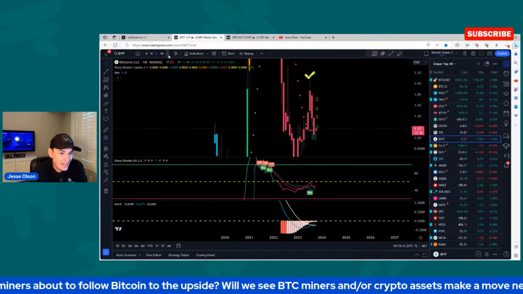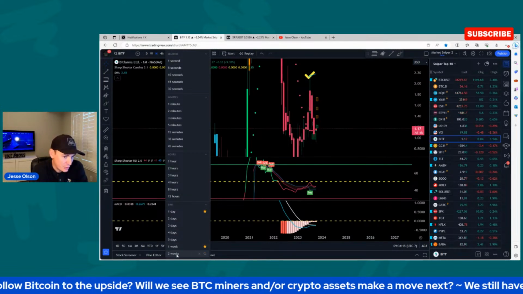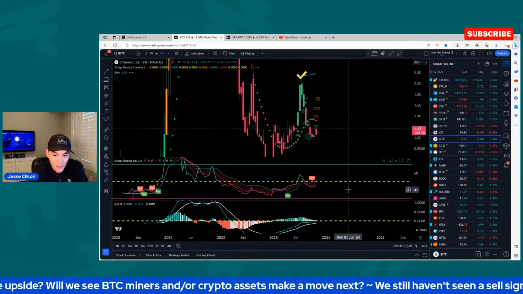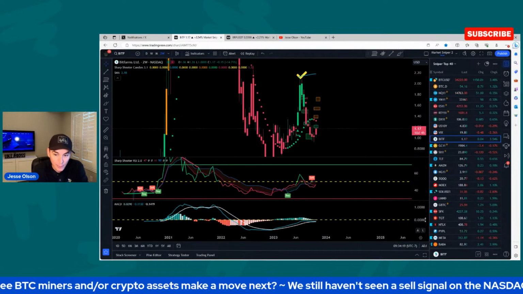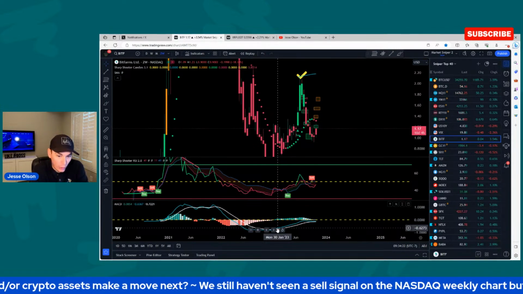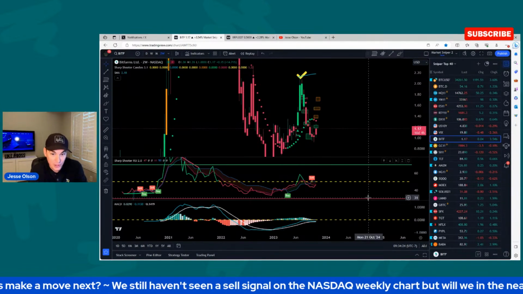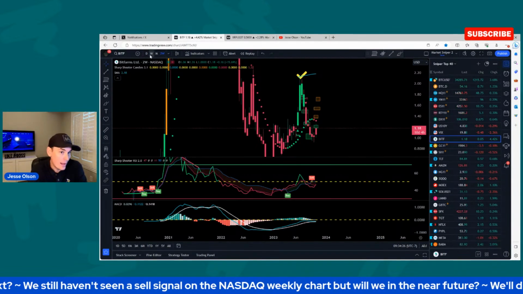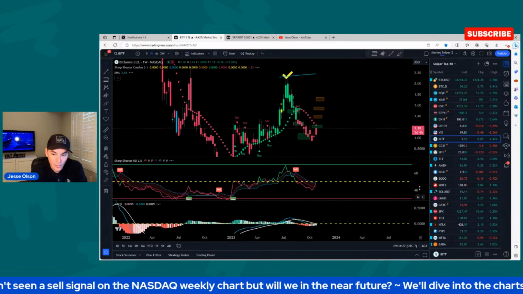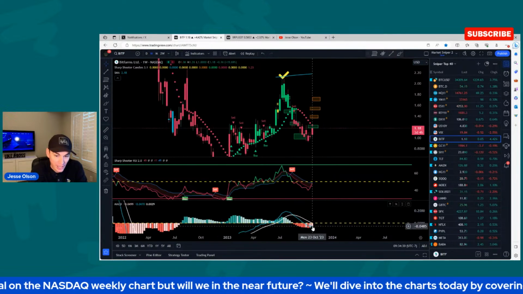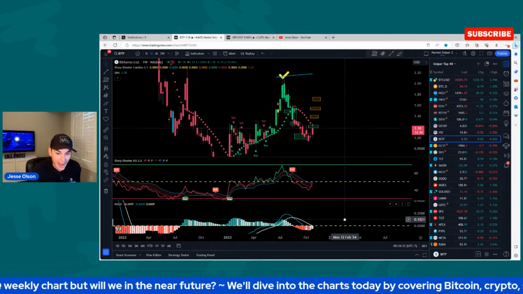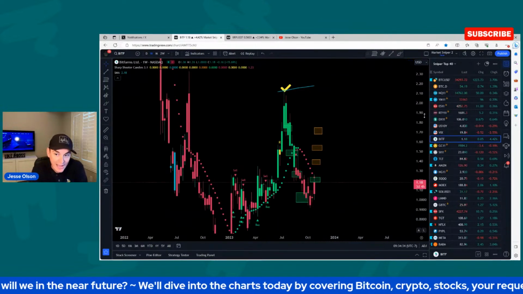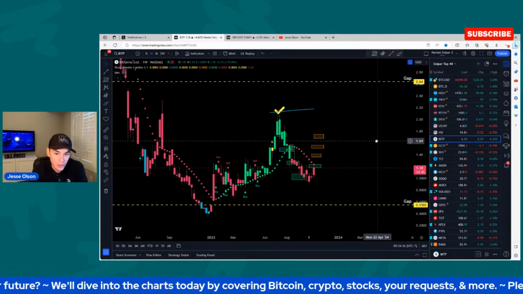It takes time for the ship to get turned around. We did have a bullish MACD crossover in early 2023 on the two-week chart. The weekly chart looks like it could possibly be flipping back around. Those are lagging indicators, so it takes time for them to make a move.